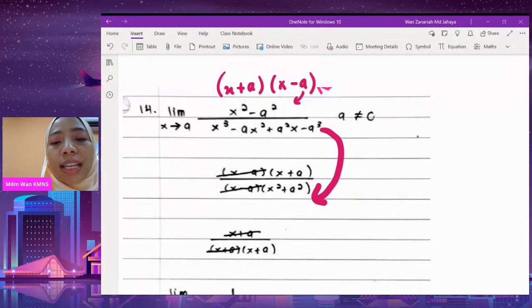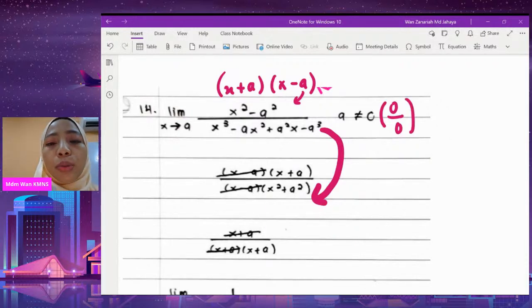So a square minus a square, you get 0 over a cube minus a cube. So cancel out, and when you substitute at the denominator also, you get 0 over 0.